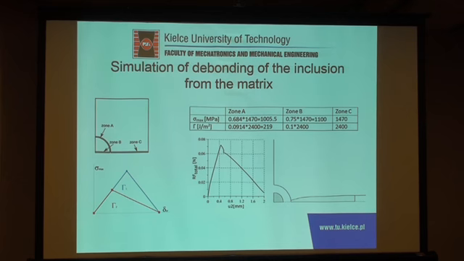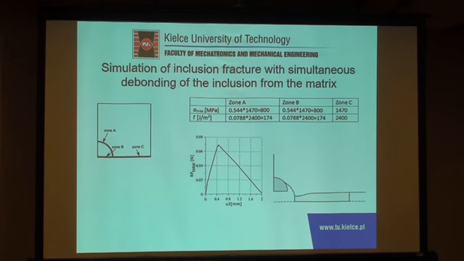It turned out that decreasing the maximum stress below 69% of the cohesive stress for zone C leads to a change in the behavior of the cell, because the first stage of damage in this situation was debonding of the inclusion from the matrix. So in the next stage, the parameters of zone A and B were the same, and they were gradually decreased. Here we have an example for 800 megapascals.